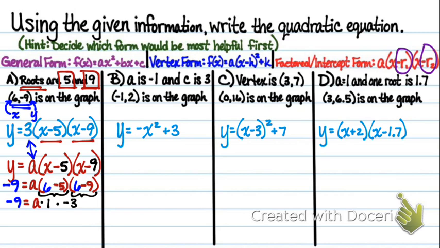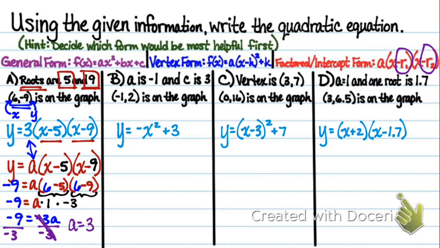A times 1 times negative 3 is negative 3a. Then we divide both sides by negative 3 to get the a all by itself. What's negative 9 divided by negative 3? Positive 3. That's where I got that 3 in the front from. Does that make sense?